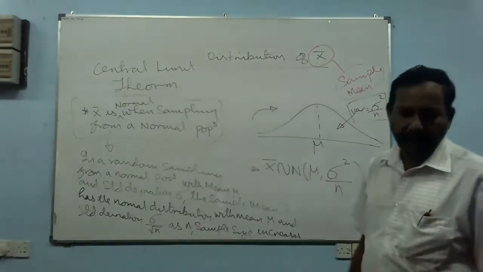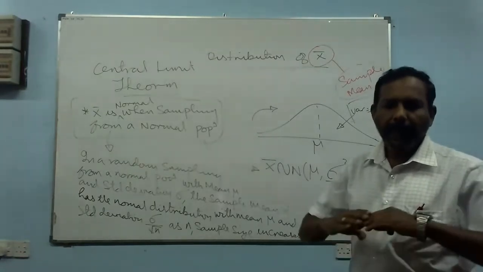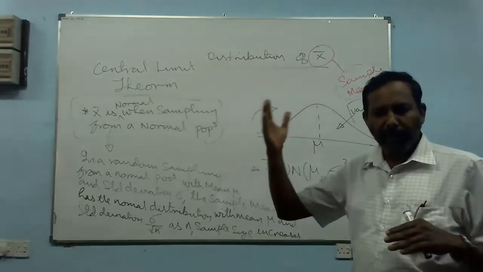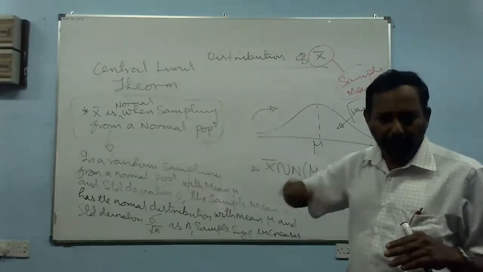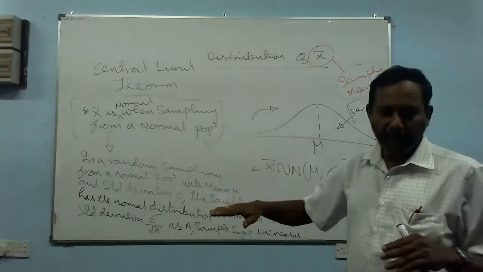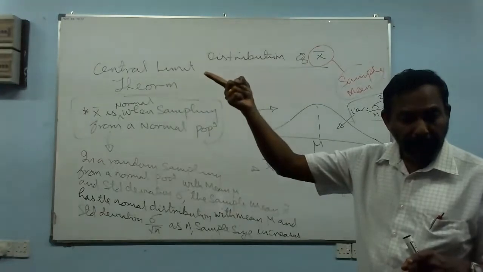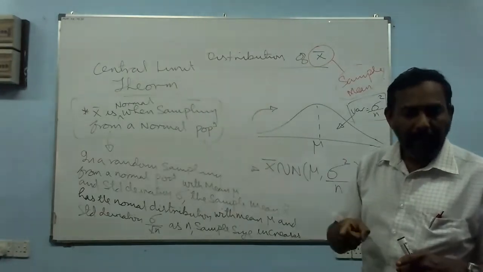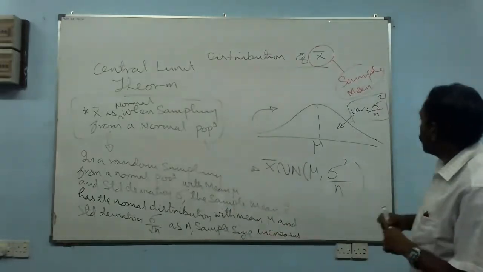Write down this theory part. So what it basically says is, if x is distributed normally with mean mu and standard deviation sigma, x bar also will be normally distributed with the same mean as the mother distribution, but the standard deviation is sigma divided by square root of n.